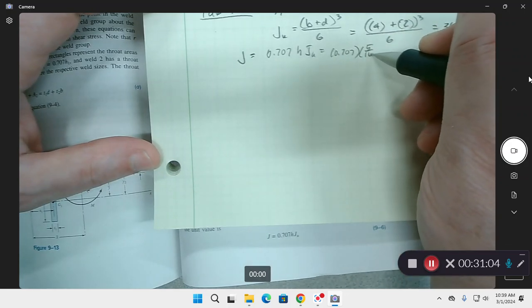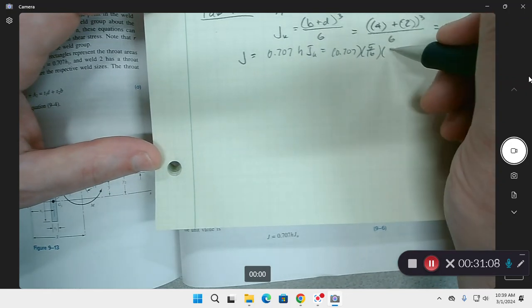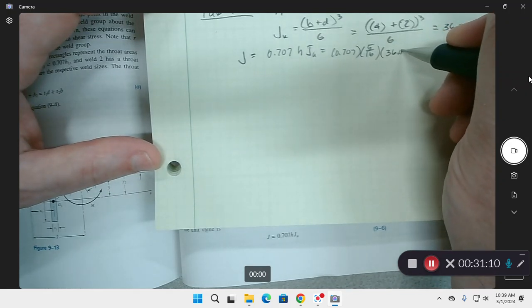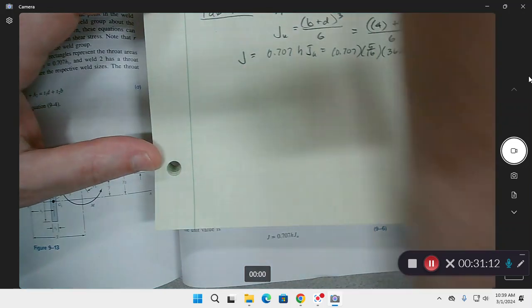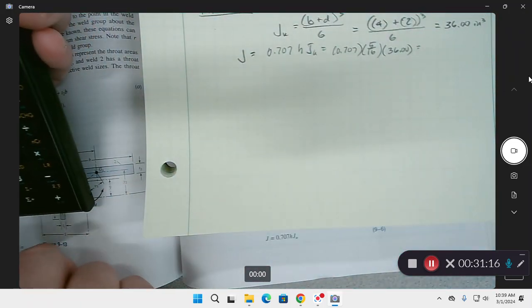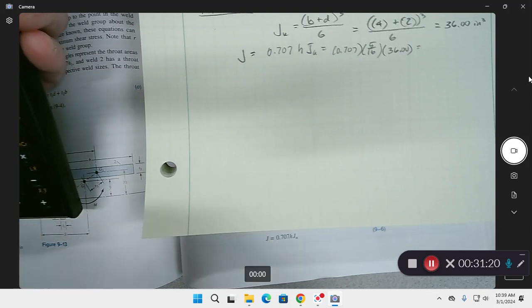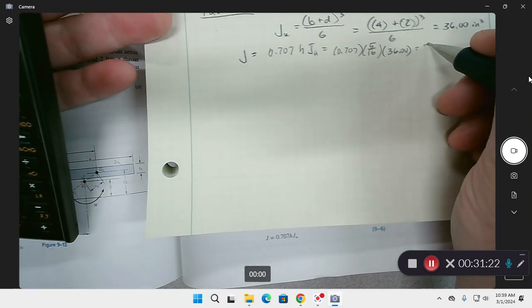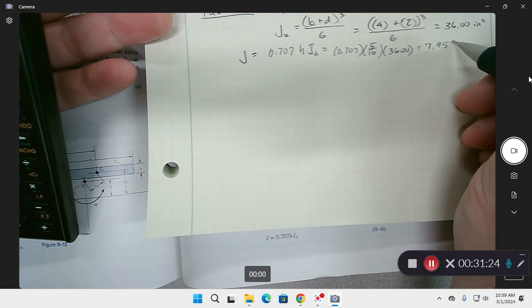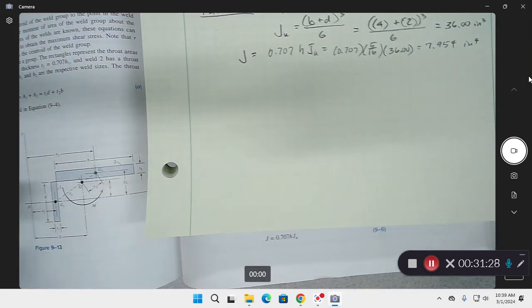Oh, you know that's 0.3125. Just like how I did that. Look at me, persistent me, putting in sig figs. 0.3125 times 0.707 times, and we have ourselves a 7.954 inches fourth. Boom.